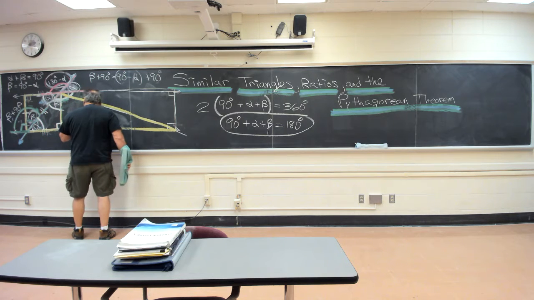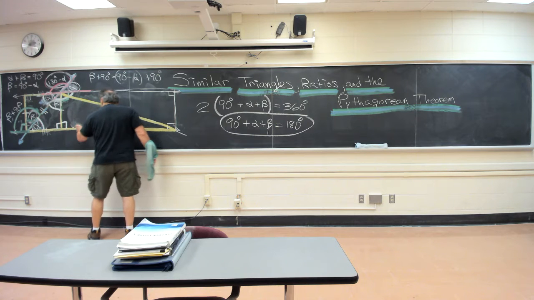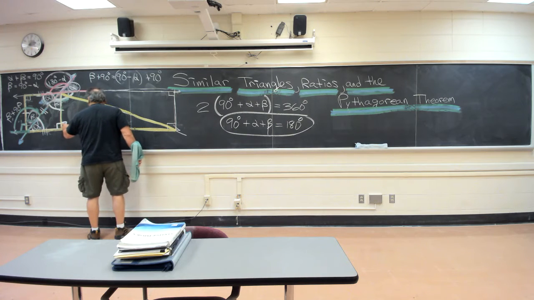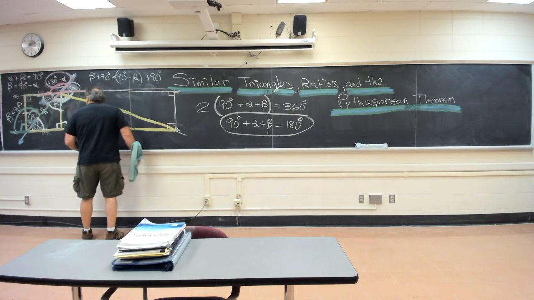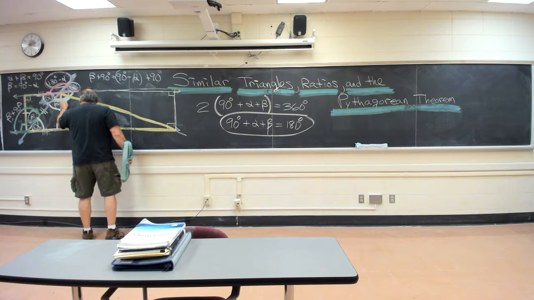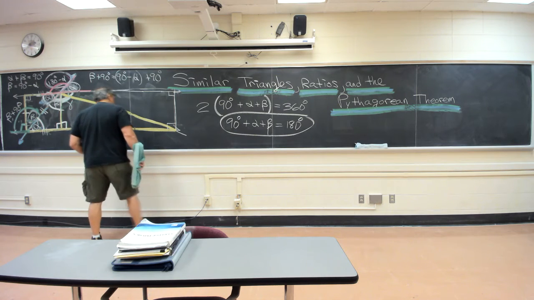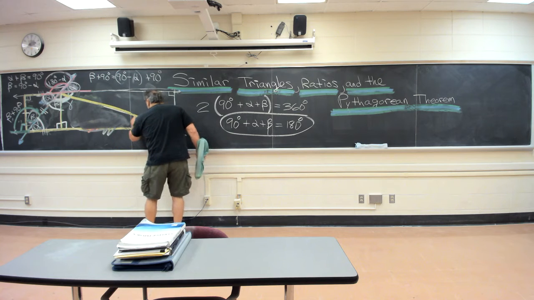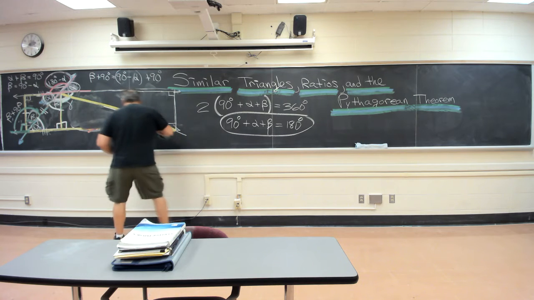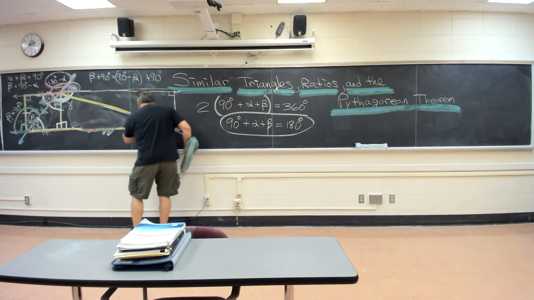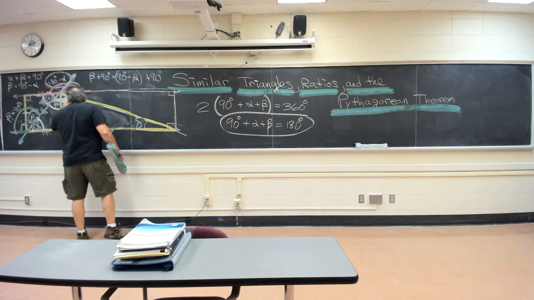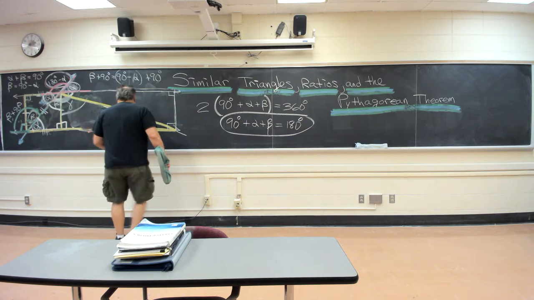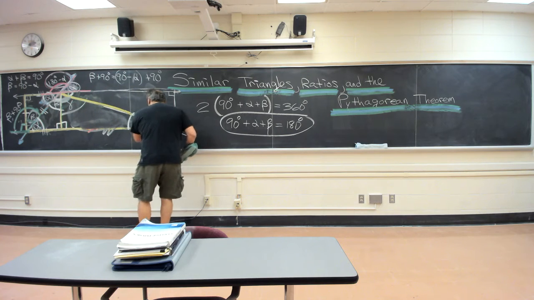Here's another right triangle right here, and there's a 90-degree angle in it to prove that it's a right triangle. Let's call that gamma, and there's delta. So this thing is gamma. This thing is delta.